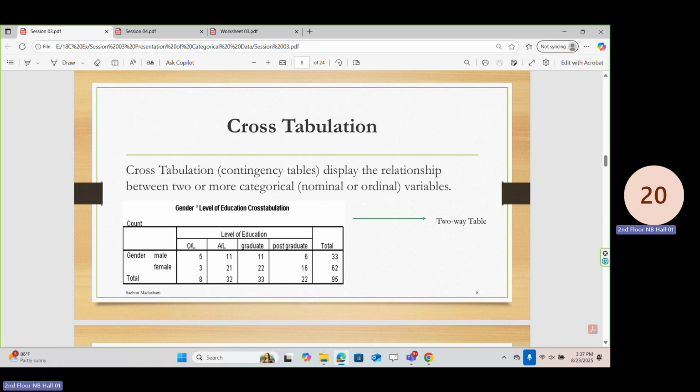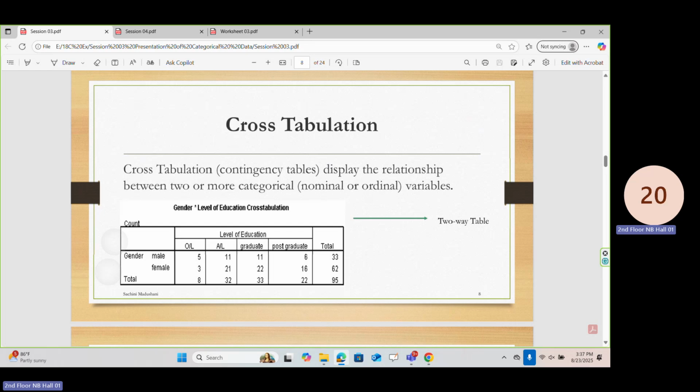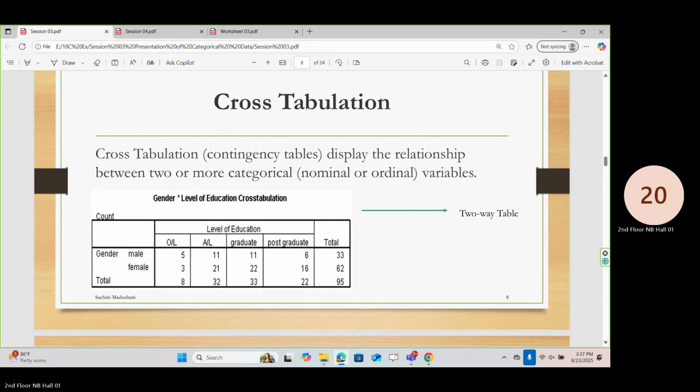Okay, then looking at this example, how many categorical variables are present? Two. What are the two categorical variables? Gender and level of education. Here only two categorical variables are there.